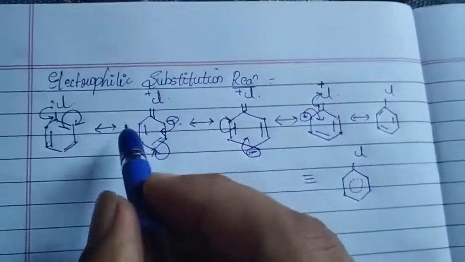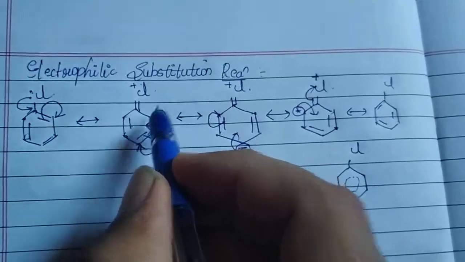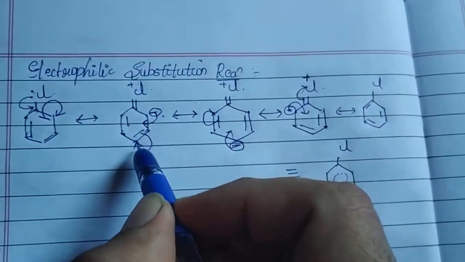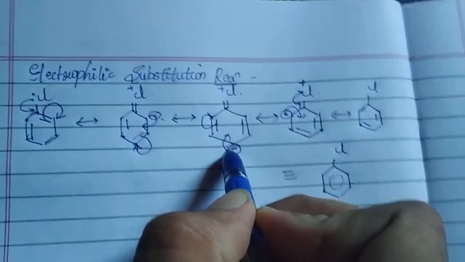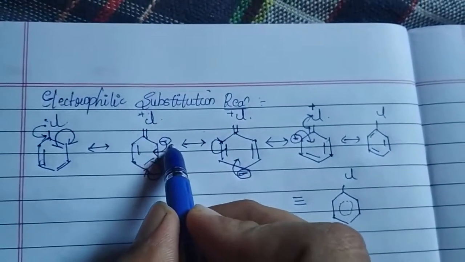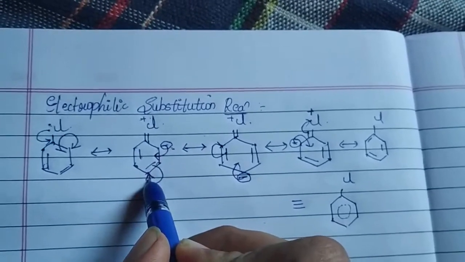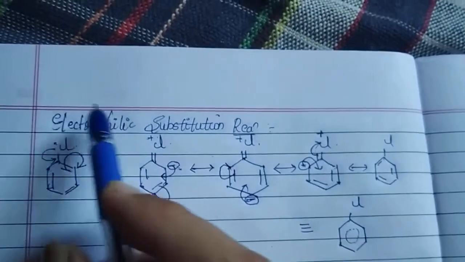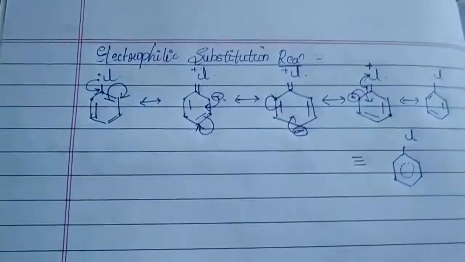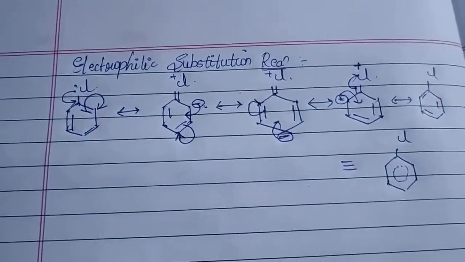And see, wherever we have written the negative sign, you can note over there that I have written it in the ortho and the para position. I repeat once again what I am saying. Wherever the negative sign is seen, it is only in the ortho and the para position. That means what? Whenever we are talking about our chlorobenzene or any haloarenes, we can notice one important thing.